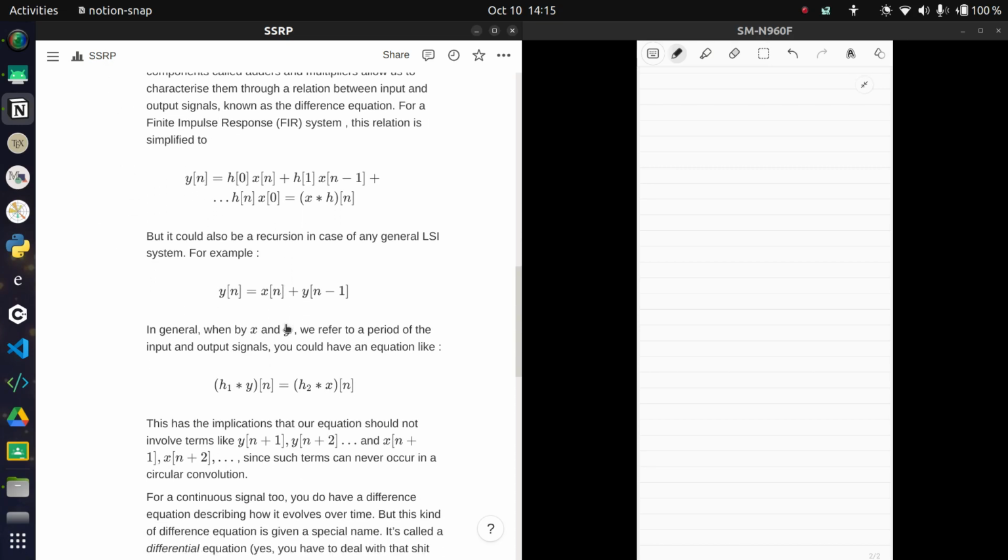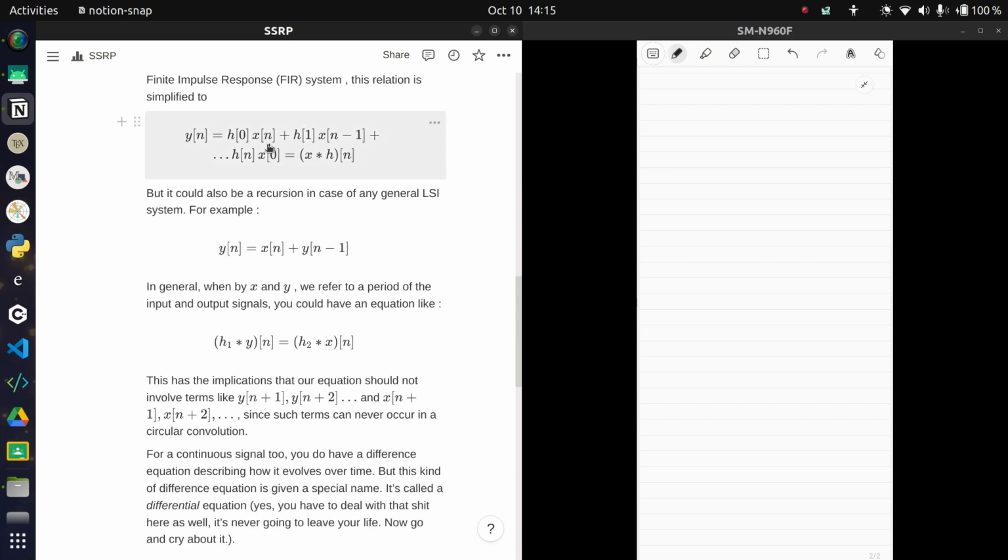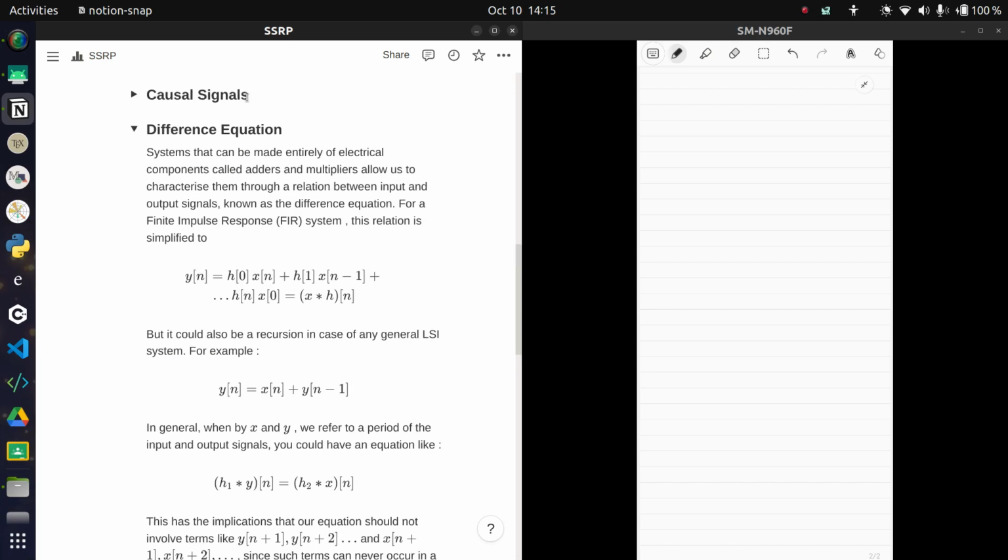Right. So that's the simpler case. This is a finite impulse response system's difference equation, right? Because of course when you put in the impulse for n length you will have y being something, but after that it has completely passed through the system.